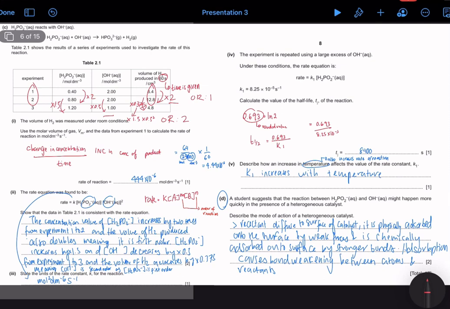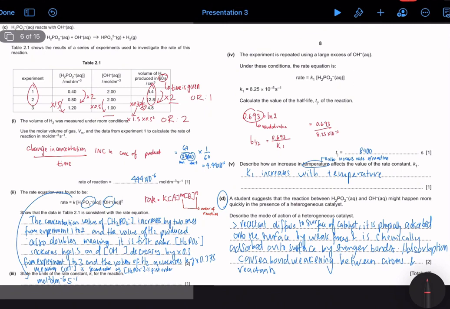You times it by 1.5 and then times it by 0.5 squared, so this indicates that this one is second order. So again, this confirms your H2PO2 minus is first order and your OH minus is second order.